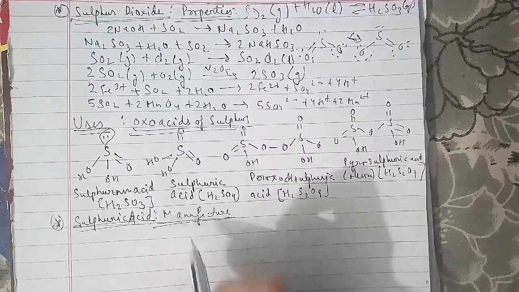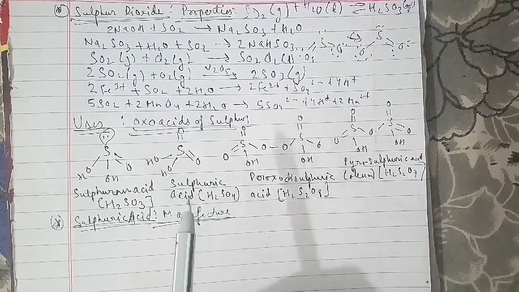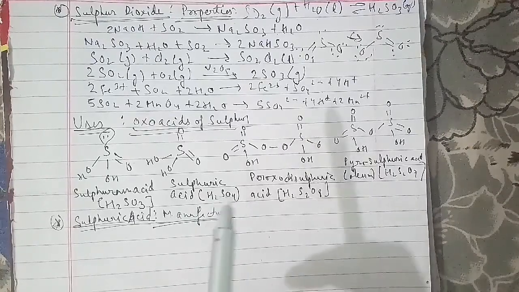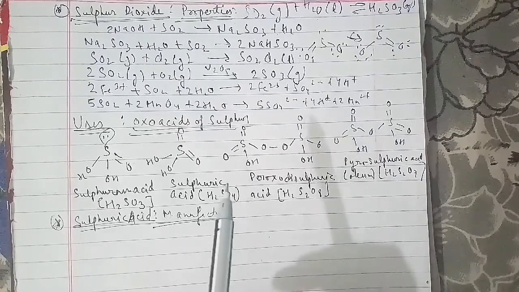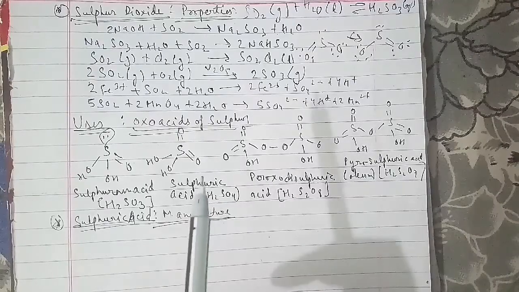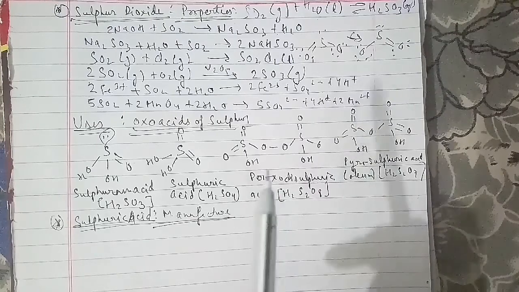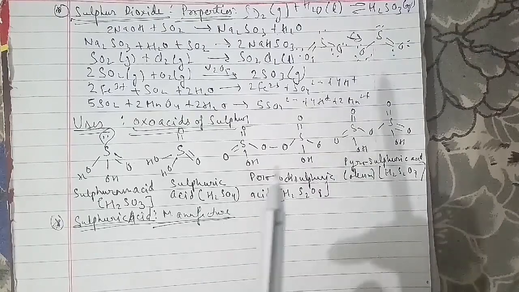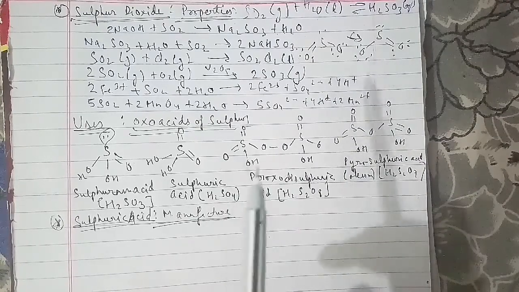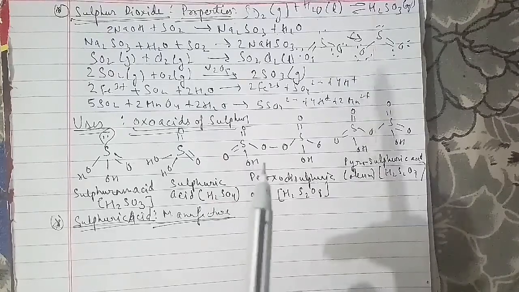Sulfuric acid is one of the most important industrial chemicals worldwide, where sulfuric acid is manufactured by the contact process, which involves three steps. The first is the burning of sulfur or sulfide ores in air to generate SO2. The second is the conversion of SO2 to SO3 by a reaction with oxygen in the presence of the catalyst V2O5. The third is the absorption of SO3 in H2SO4 to give oleum, which is H2S2O7 here.